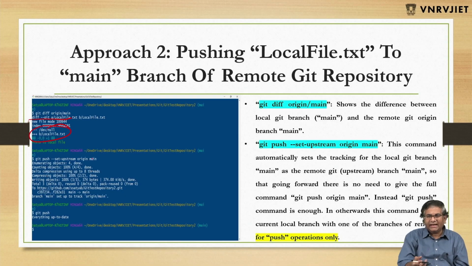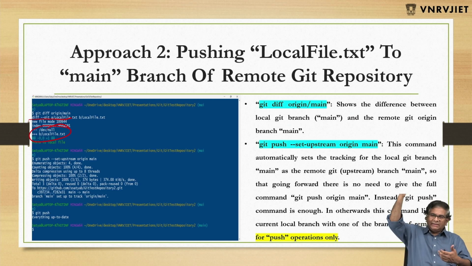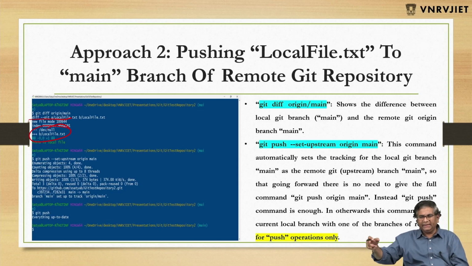set upstream. So like I said in my earlier presentation, why do we set upstream? We set upstream to have the tracking information. What is tracking? Tracking is nothing but: I'm in this current branch, map this branch to a branch in the remote host always, so that each time I say git push, I don't need to say git push origin main or git push origin branch, whatever the branch name, branch X, A, B, C, whatever it is.